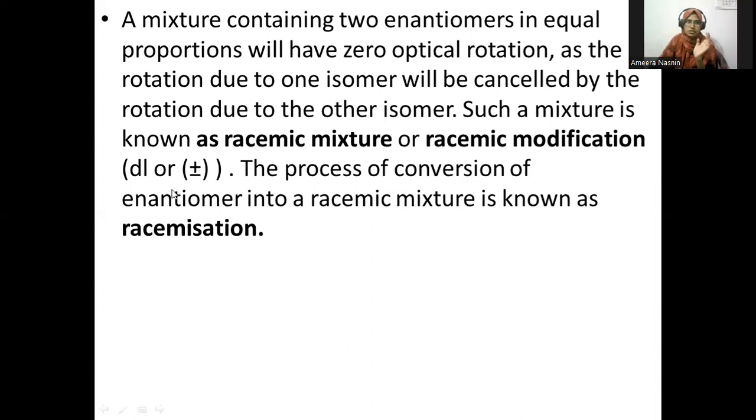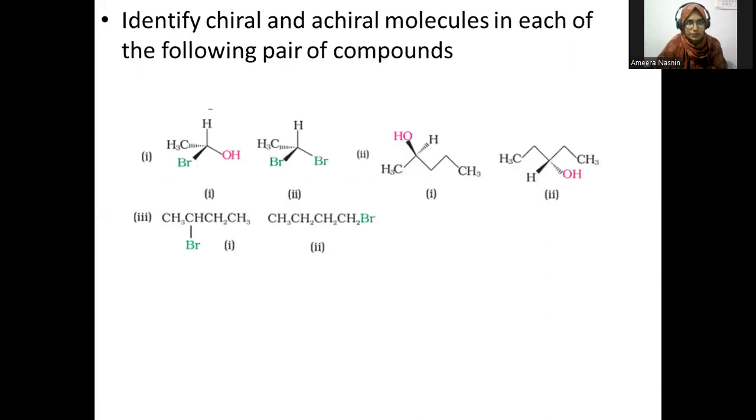Such a mixture is known as a racemic mixture or racemic modification. It's denoted with a DL or a plus-minus sign within parentheses. The process of conversion of an enantiomer into a racemic mixture is known as racemization.